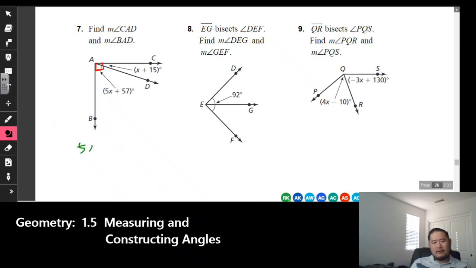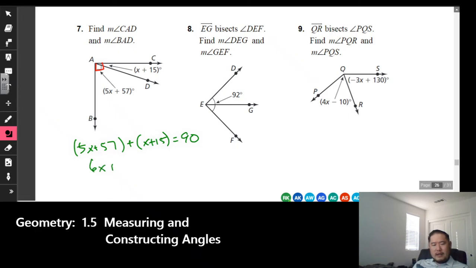I take 5x plus 57, and I like to set up angles using parentheses. Both of those together equal 90 degrees. They may not tell you any of that, but looking at the diagram, they do give you that information. So we can go ahead and solve this out.